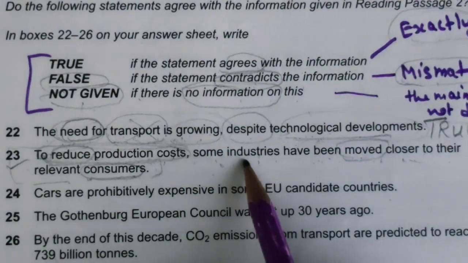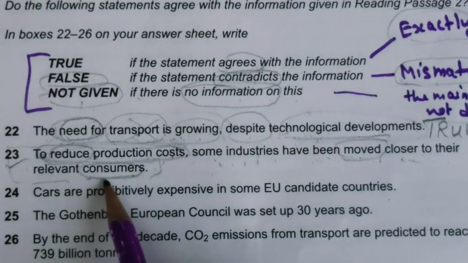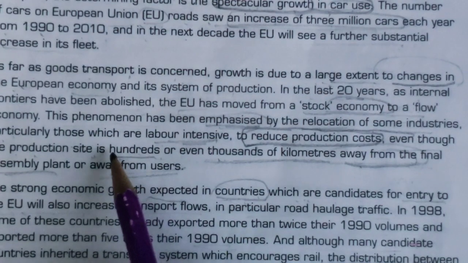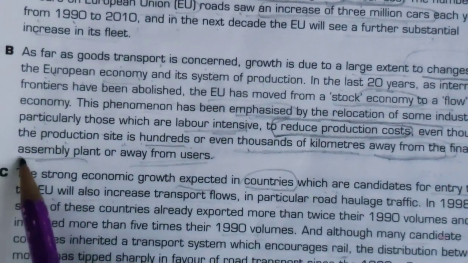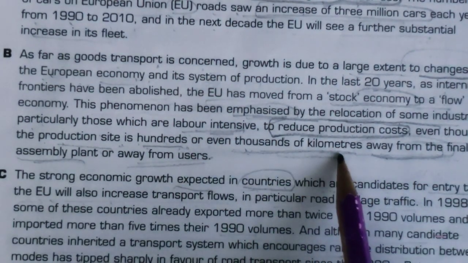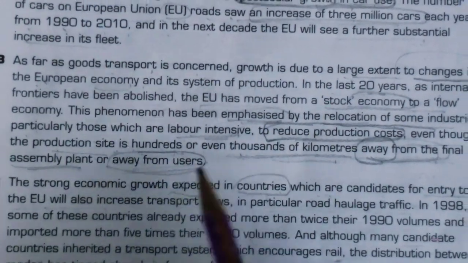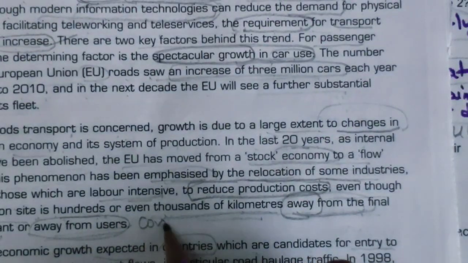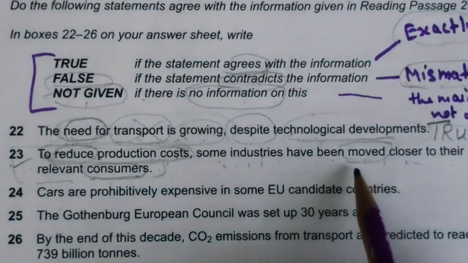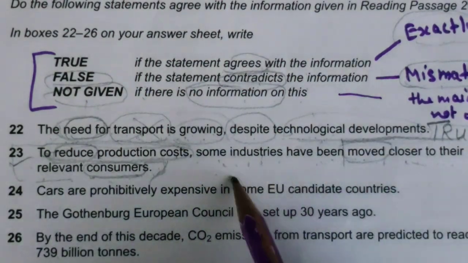In this statement, some industries have been moved closer to their relevant consumers, means customers. But here they are saying even though the production site is hundreds or even thousands of kilometers away from the final assembly plant or away from users, means consumers. So from here to here they are not matching.